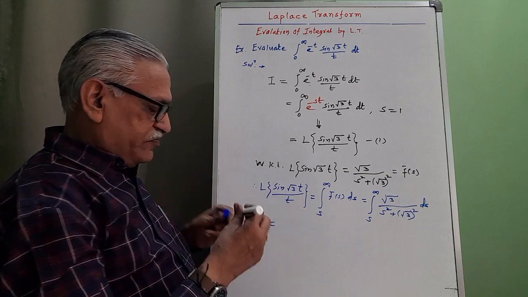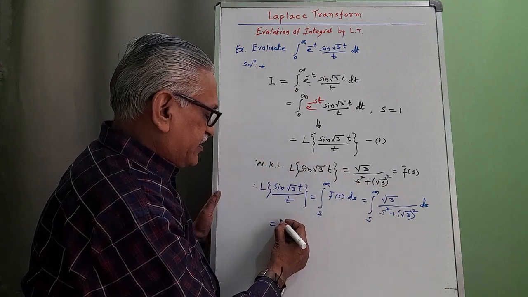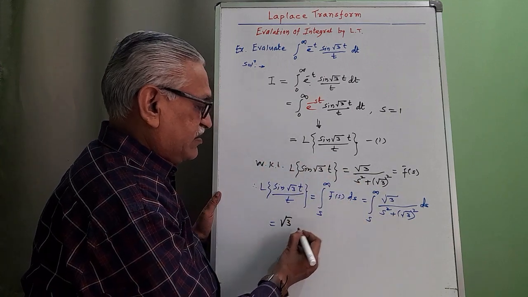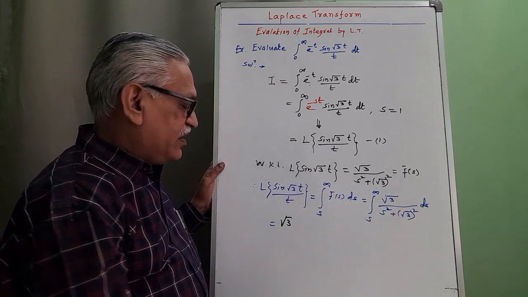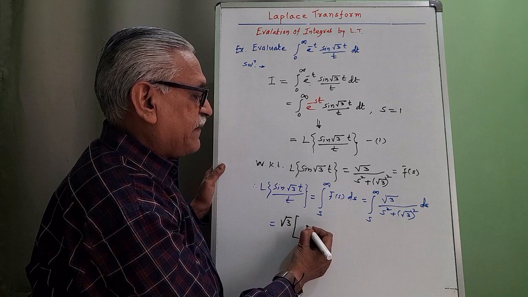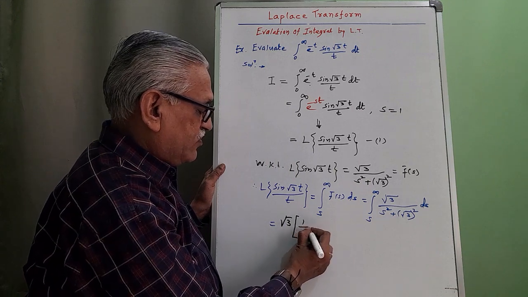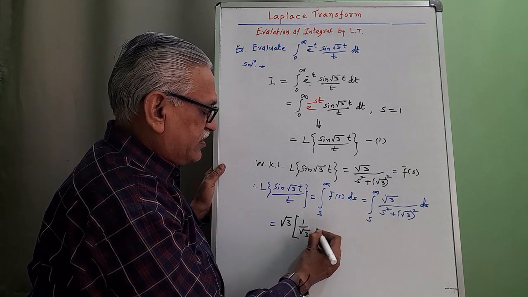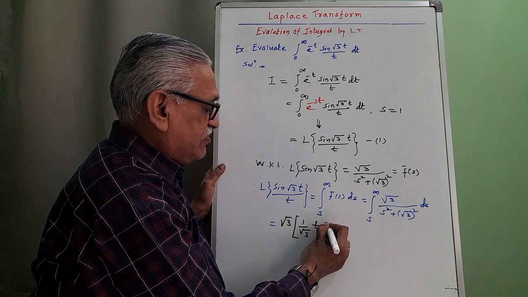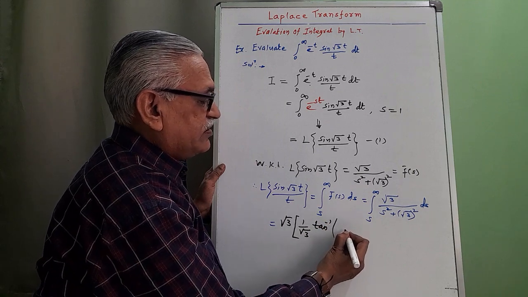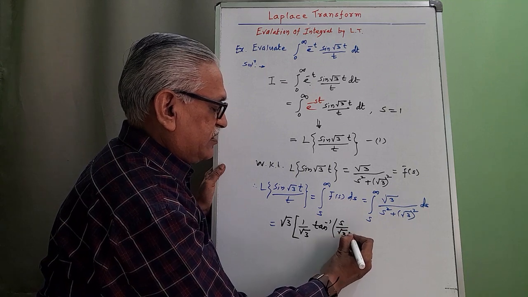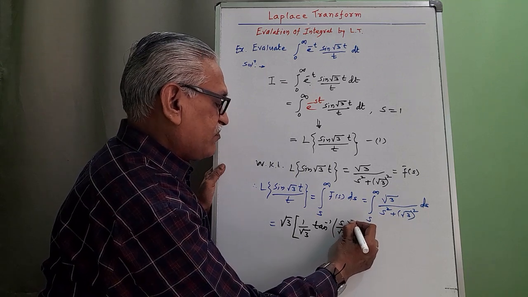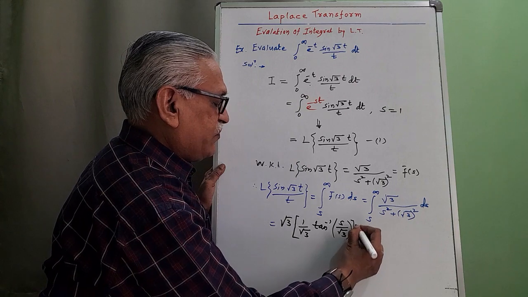It is equal to root 3, a constant term we take outside the integral sign. Integration of 1 upon x square plus a square is a standard result. It is 1 by root 3 tan inverse of s by a, s by root 3, with limits from s to infinity.